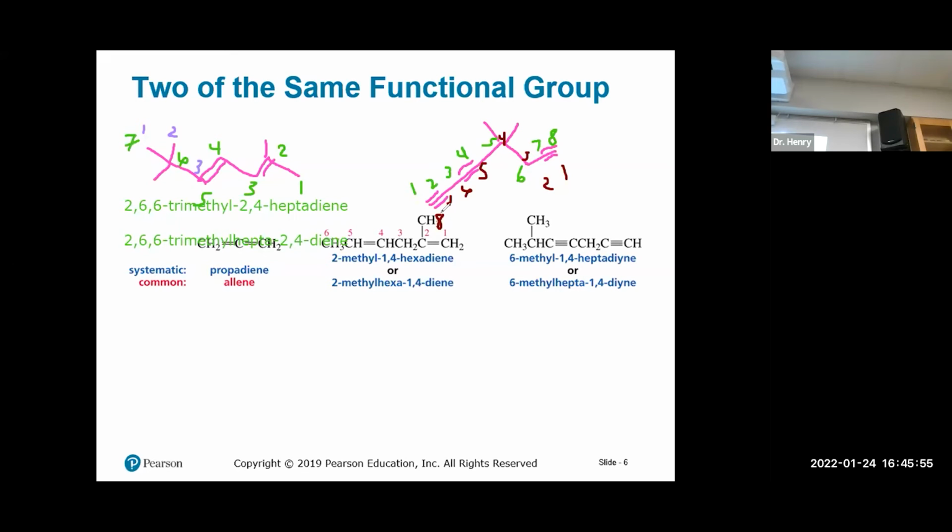The green or the red, or brick, whatever you want to call that. The green's going to give me the lowest numbers, right? Because I have a 1 and a 3, where I would have a 1 and a 5 if I went the other way.